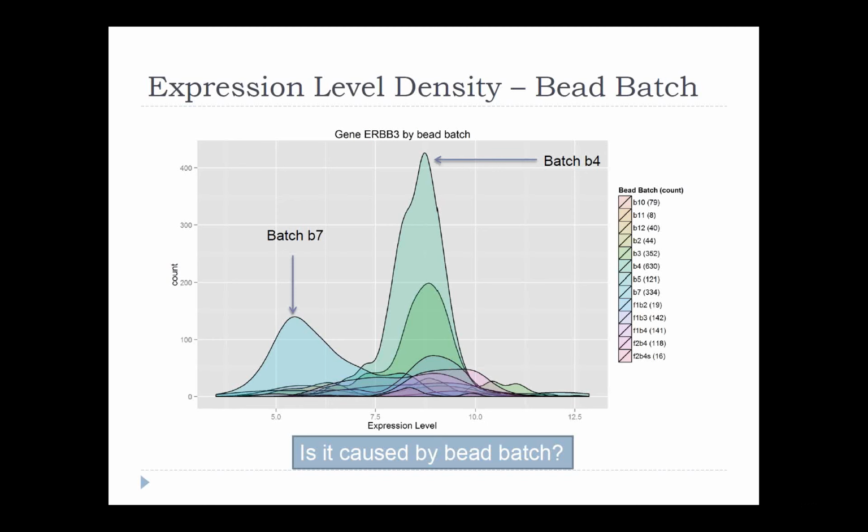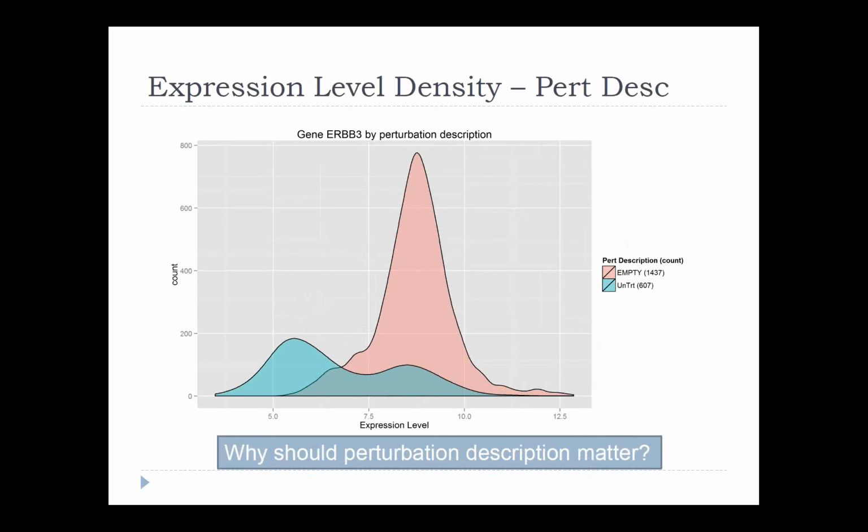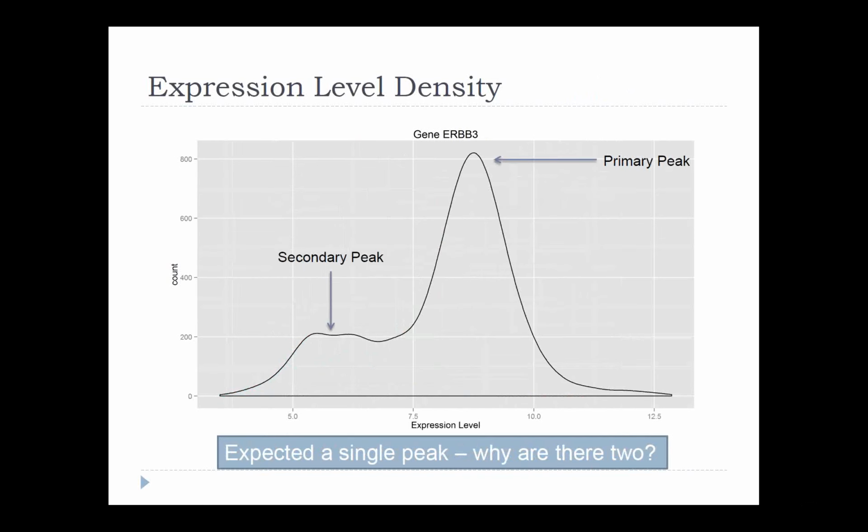Oh, I got you. So within the untreated, you have this weird bimodal distribution. Most of it is low, but then some of them are in the right peak, at the high end. And then you can actually further split this by bead batch.